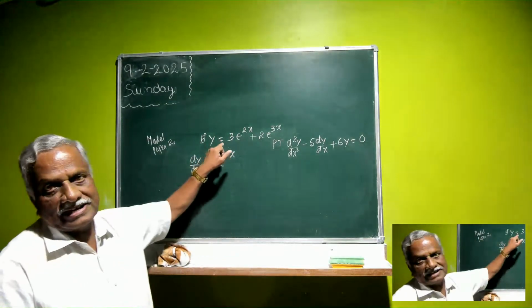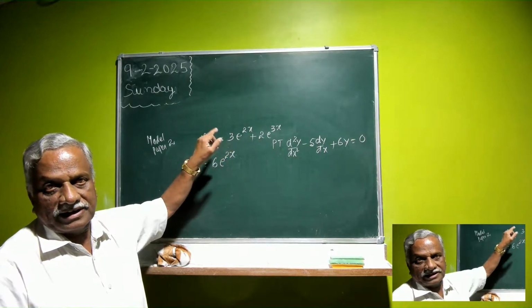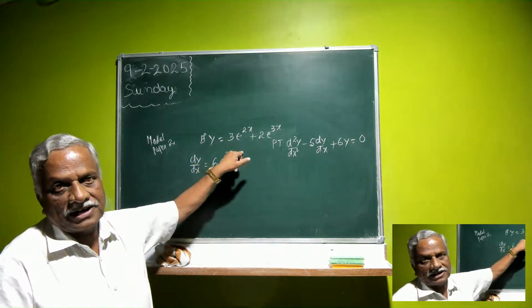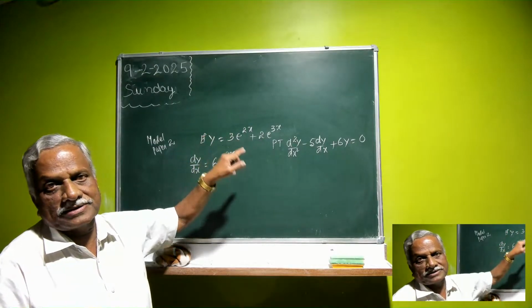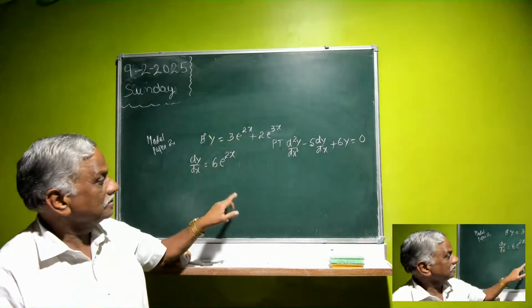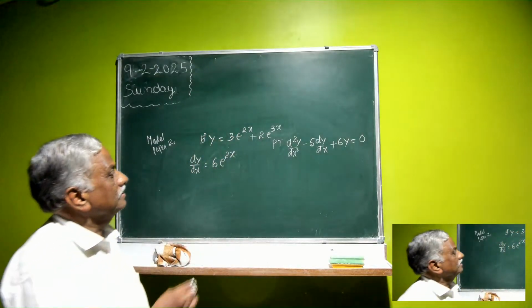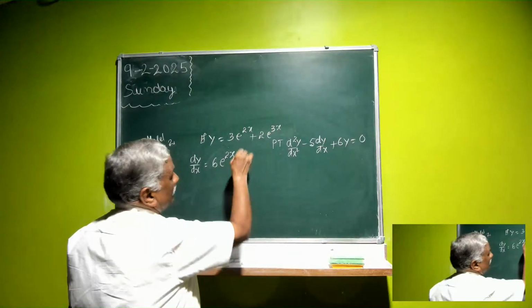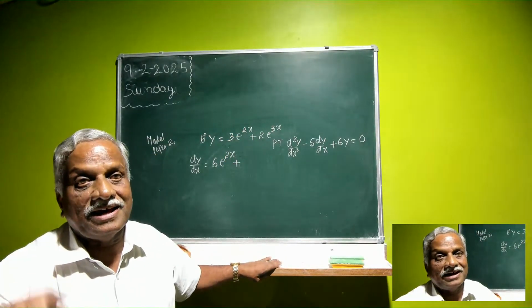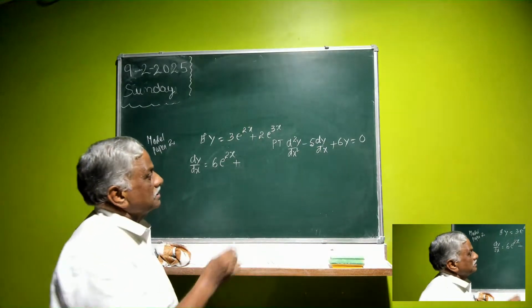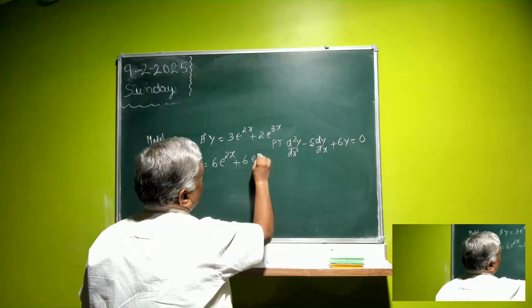I keep the constant as it is, differentiate e power 2x, and 3 into 2 is 6. Same way here, 2 is a constant, e power 3x gives 3e power 3x, so this is again 6e power 3x.